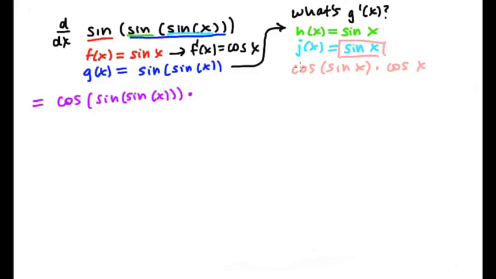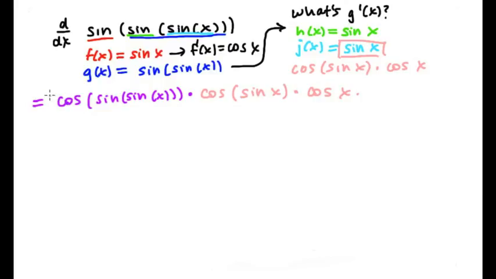So this whole thing here is going to be the derivative of g of x. So cosine of sine of x times cosine of x. And we're done. This is, in fact, our entire derivative.